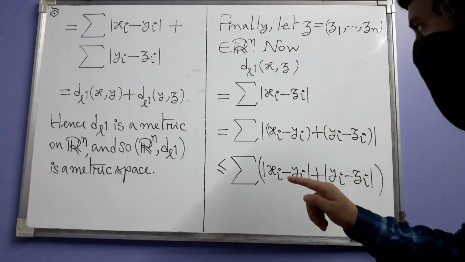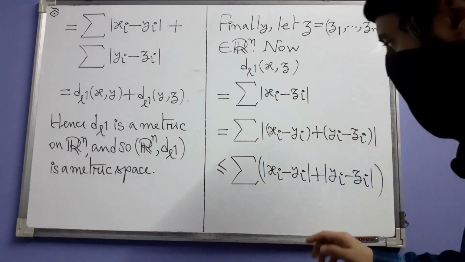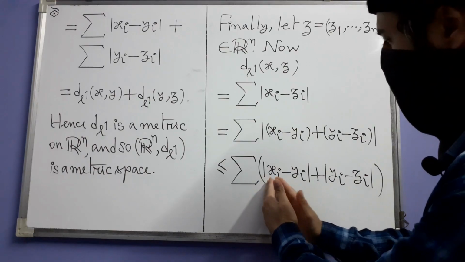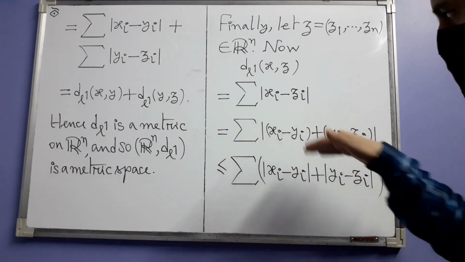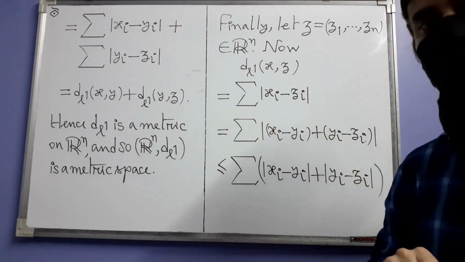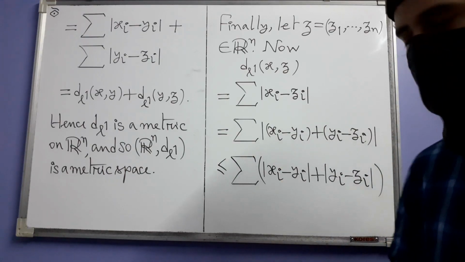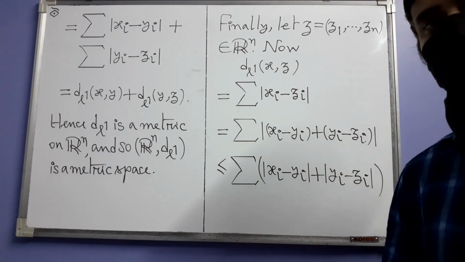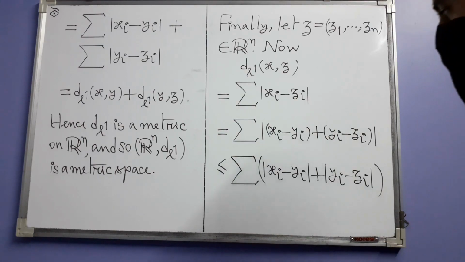By the ordinary triangle inequality, this is less than or equal to just this sum, mod xi minus yi plus mod yi minus zi. And this is true for all i. So that means you are getting n inequalities. You add them up, and that will give you this inequality. So that's an intermediate step, an explanation.